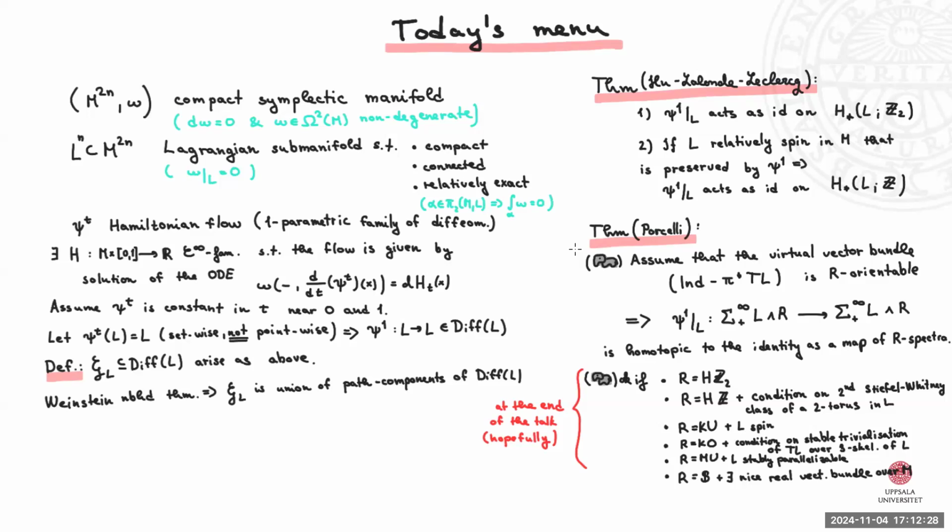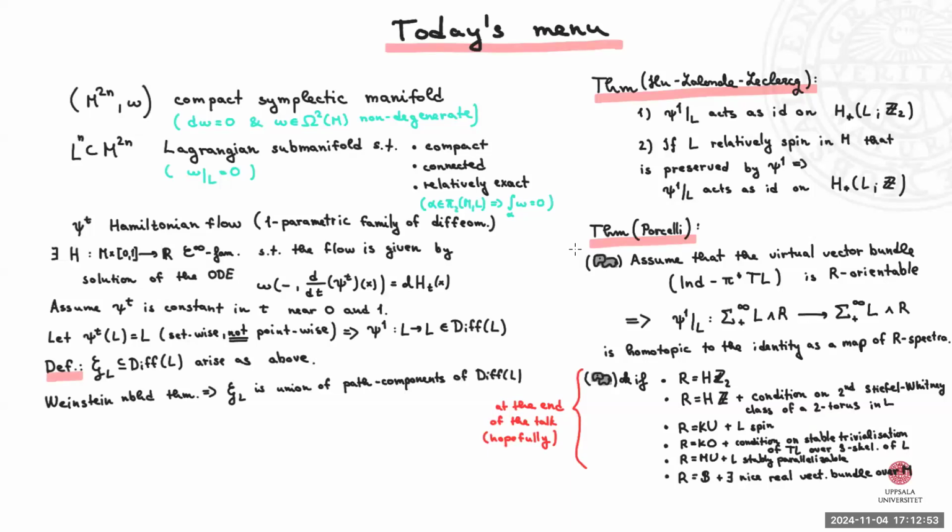What does it mean to be Lagrangian? It means that if you restrict the symplectic form along the Lagrangian, it's going to vanish. Or equivalently, if you pull back the 2-form with the Lagrangian embedding, the pullback is going to vanish everywhere on the Lagrangian.